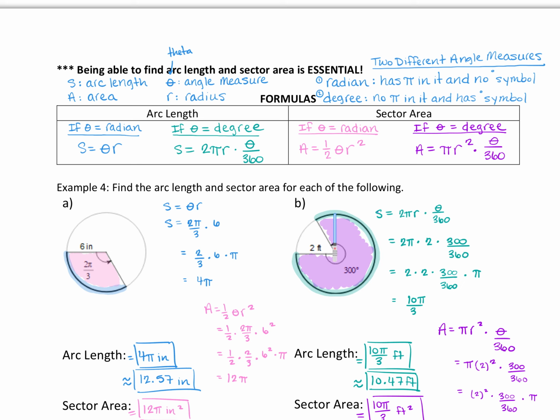We're talking about just this piece of our circle, which ends up being 300 out of the 360 degrees. And then here, right, area is the same as what we did on the first page, the pi r squared, but we're doing a fraction of the area. So we're doing 300 out of the 360. So it's basically when your angle is a radian that it looks just a little bit different.